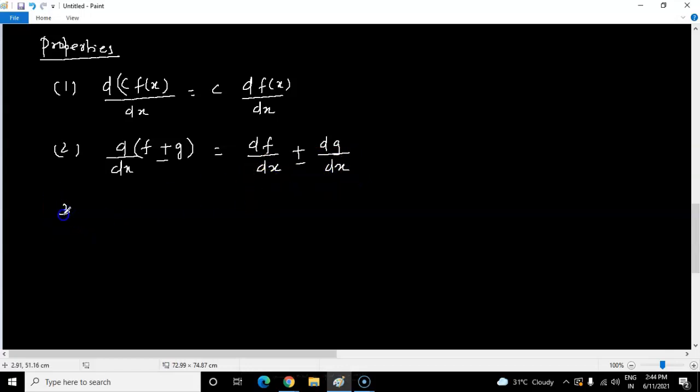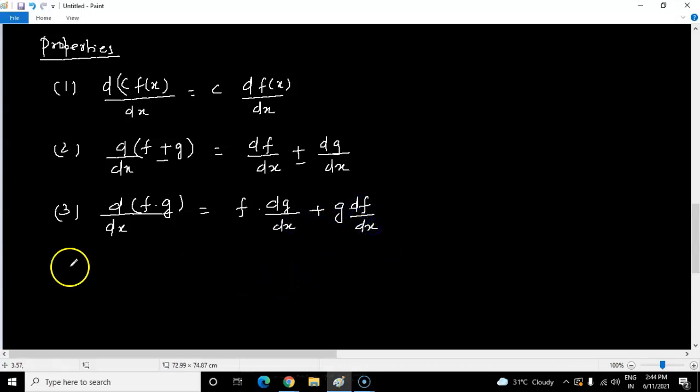But if two functions are given as a product, f into g, you have to apply the product rule: assume f is a constant and differentiate g, plus assume g is a constant and differentiate f.